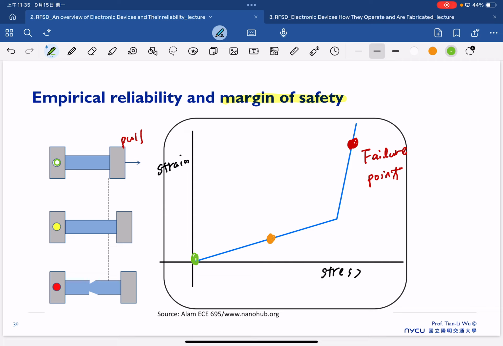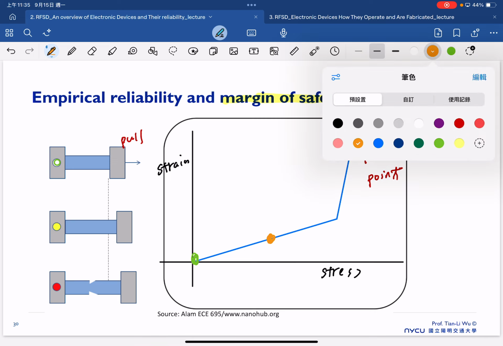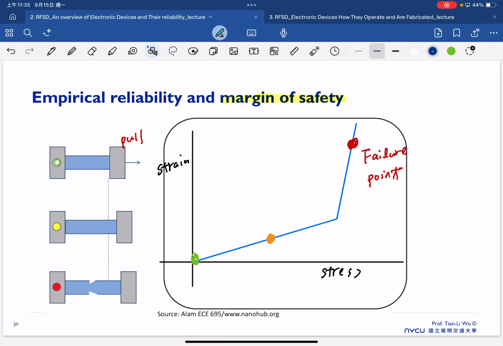And with this kind of illustration, we can first define that below this critical point, everything is safe. So that's why we call this region the safety margin.